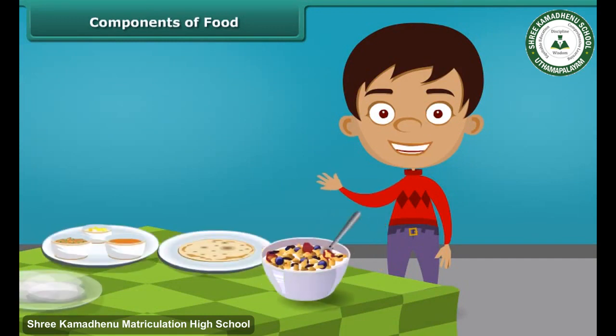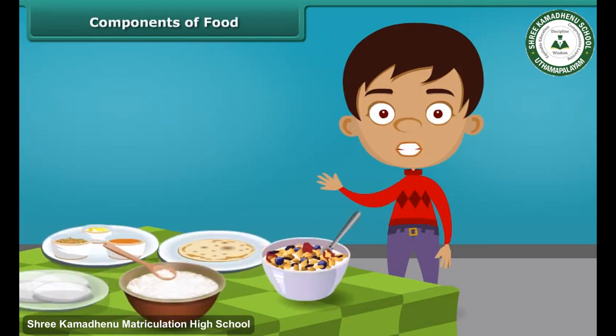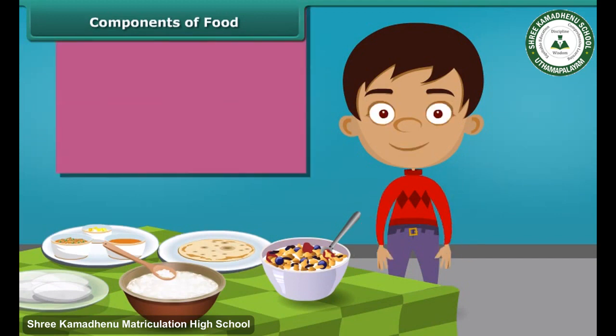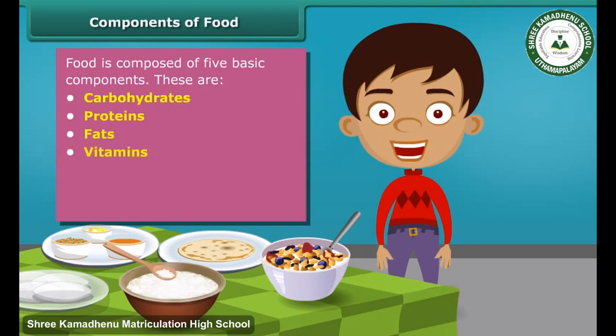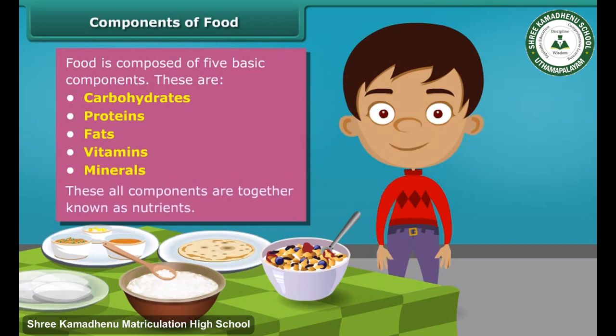Now, a question may arise that how do we get energy by eating food, and why food is known as fuel for our body? Friends, food has 5 basic components in it. These are carbohydrates, proteins, fats, vitamins, and minerals. All these components together are called as nutrients.